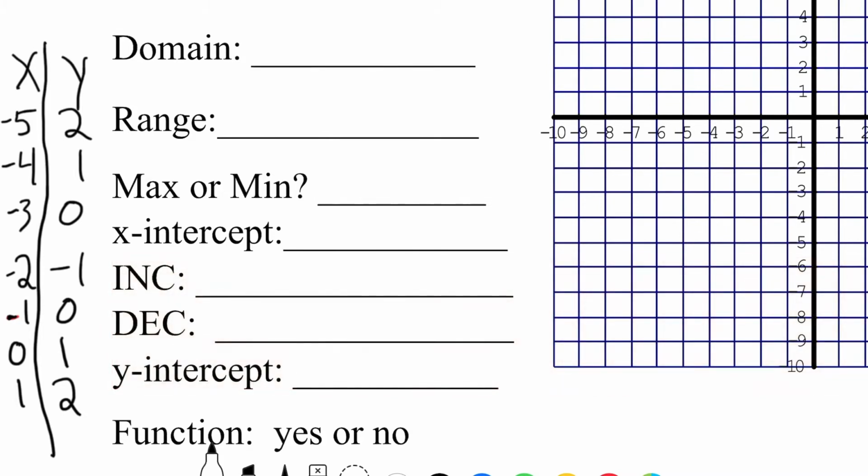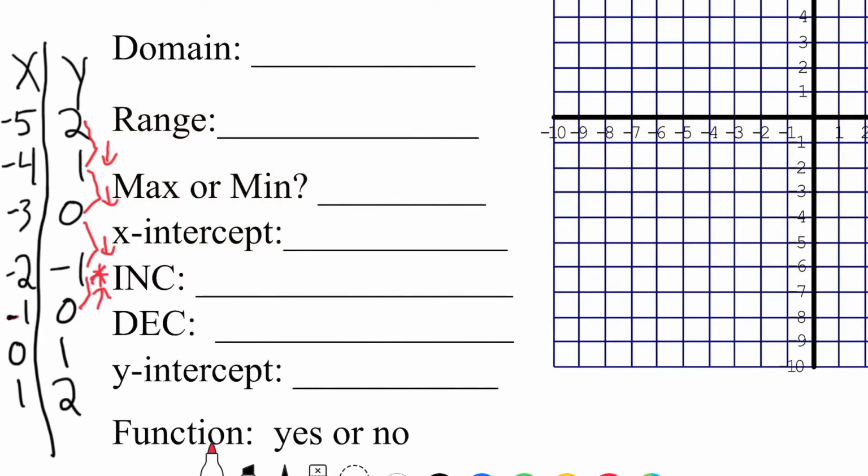So we want to determine 3 points that include where our y values change direction. What do I mean by that? In between 2 and 1, we are going down. In between 1 and 0, we're going down. In between 0 and 1, we're going down. And in between -1 and 0, we're going up.